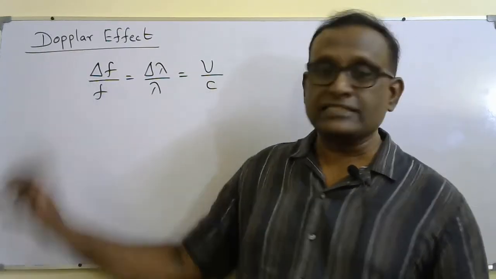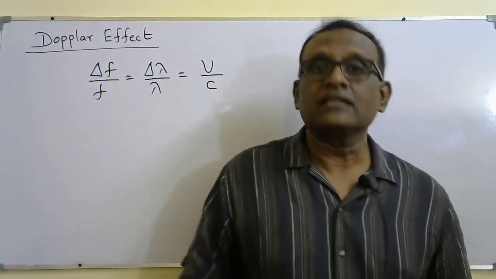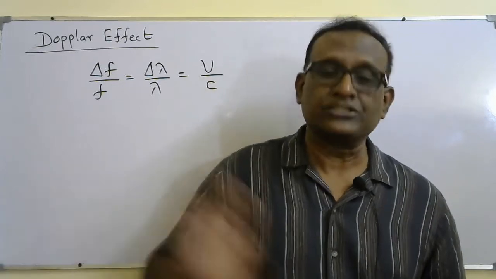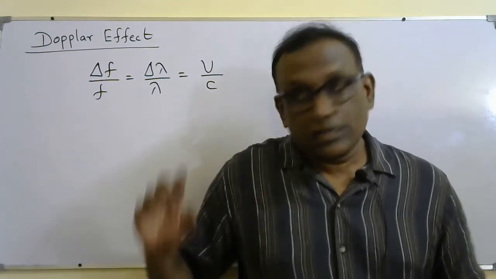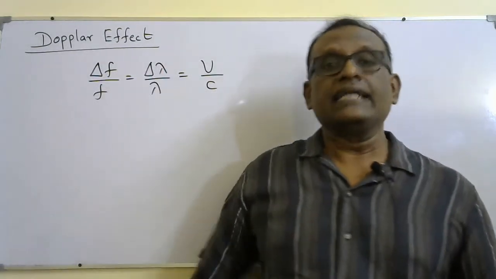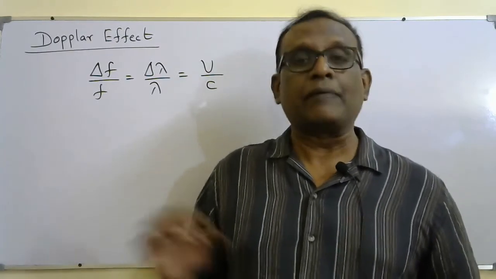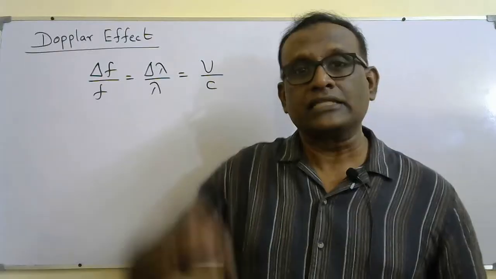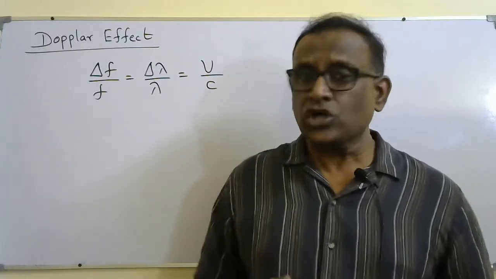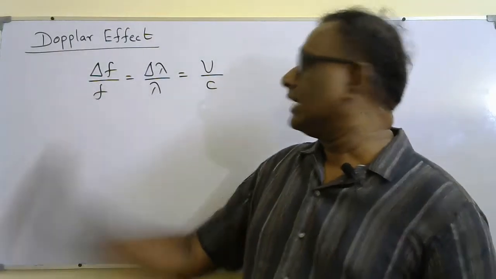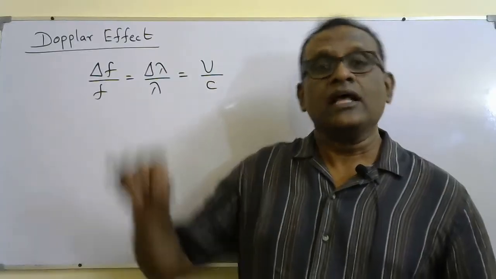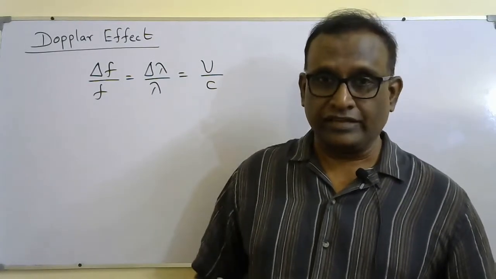So delta F is the difference between the apparent frequency and the actual frequency. Apparent frequency means the frequency measured by the observer. Same way, delta lambda is the difference between the apparent wavelength and the actual wavelength. Apparent wavelength means the wavelength measured by the observer.